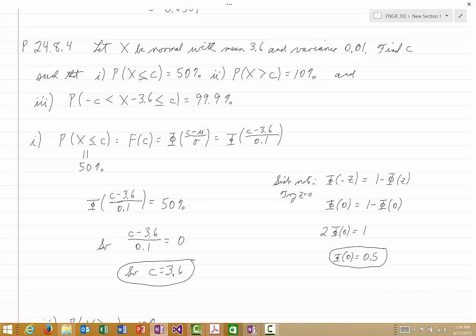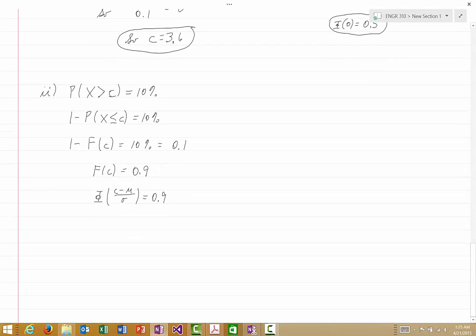And mu is 3.6, and sigma is 0.1, so we have phi of (C minus 3.6) over 0.1 is equal to 0.9.